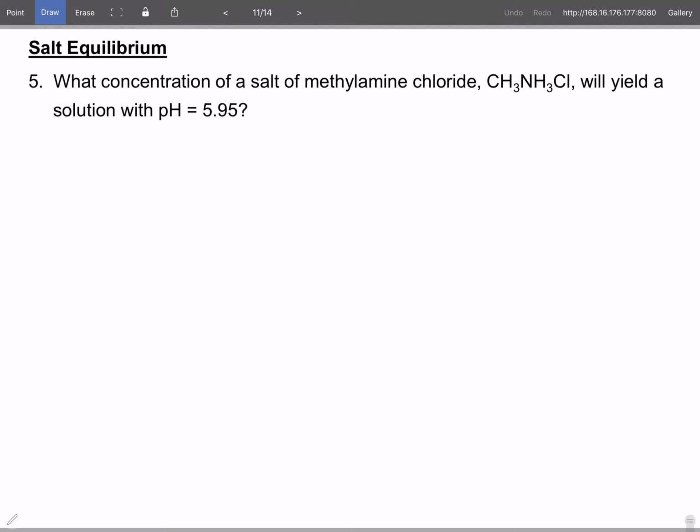I don't want to write this, so I'm going to call this methylamine chloride MaHCl, and because it splits here, it's my H, because it's actually an acidic salt. I know it's an acidic salt because when it's split up from the chloride, it's positive. Also, if you look at your pH, it's less than 7, so it's an acidic salt.